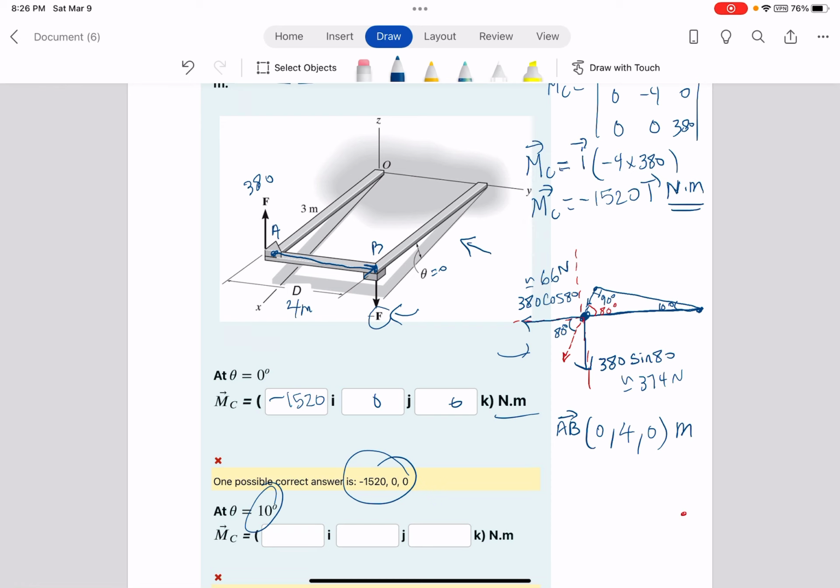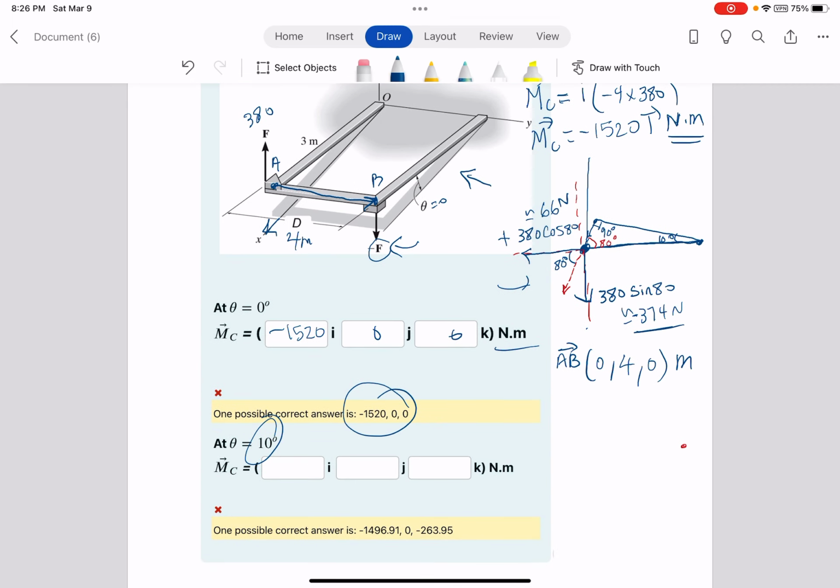And you can notice that this force is positive, in the positive x-axis, and this force is negative, because it is in the negative z. The positive z is up. Okay, let's do the couple moment for the angle of 10 degrees.